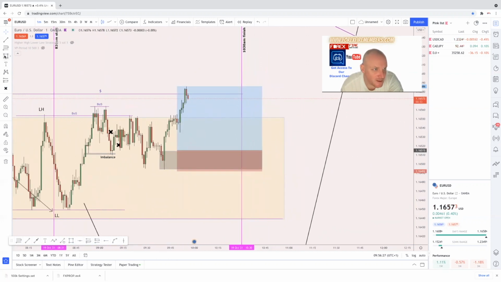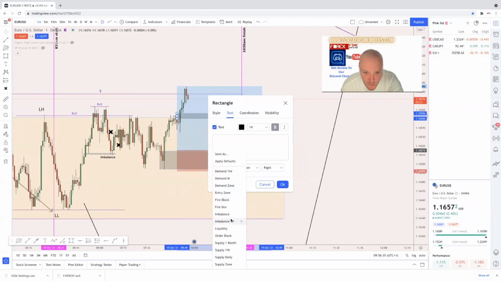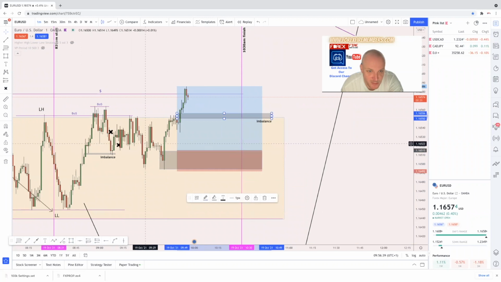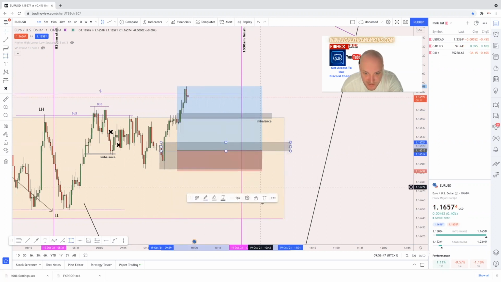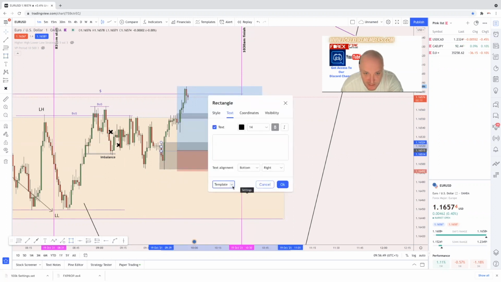At the moment, we've got that as an imbalance area. We'll get these marked up because that's what we've been doing today. We've been marking areas of possible interest. Again, that wick there, that's coming into the entry area as well.